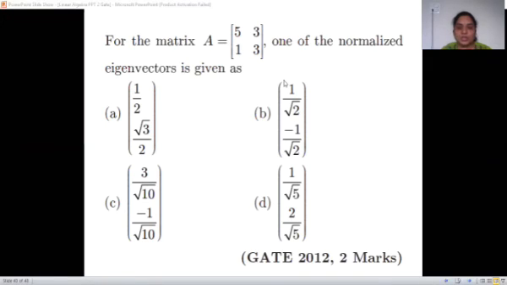Use the characteristic equation, determinant of A minus lambda I, and tell me the eigenvalues. First of all, just tell me the eigenvalues. Okay, what are the eigenvalues?